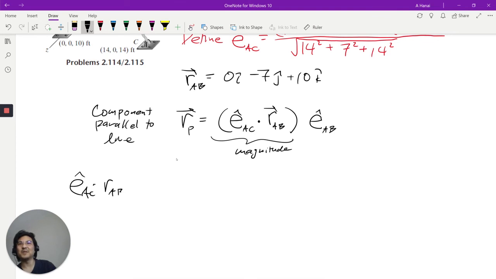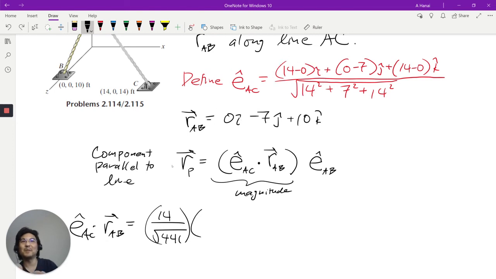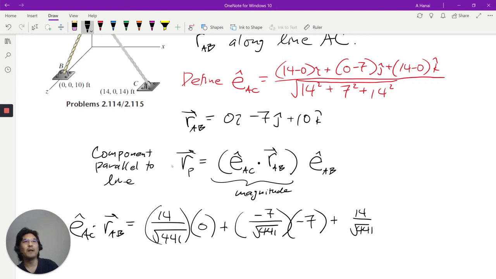So then you just take the x component, 14 over that, which should be like 441, this x component times this x component, plus this y component, negative 7, times this y component, plus this z component times this z component.